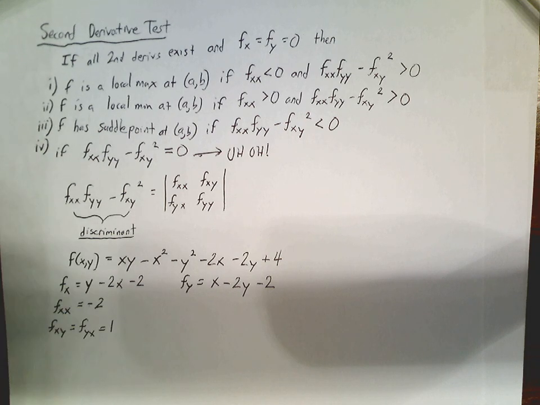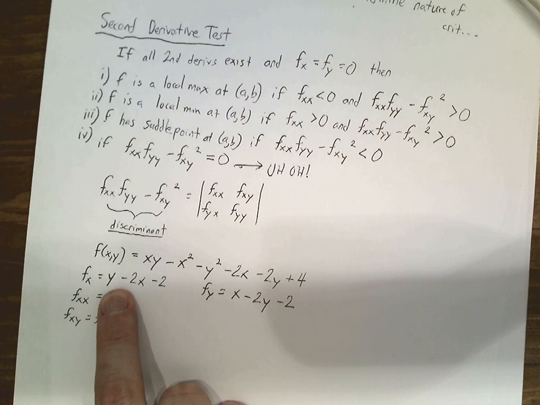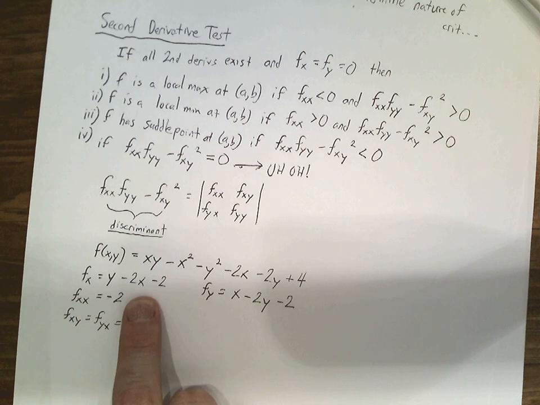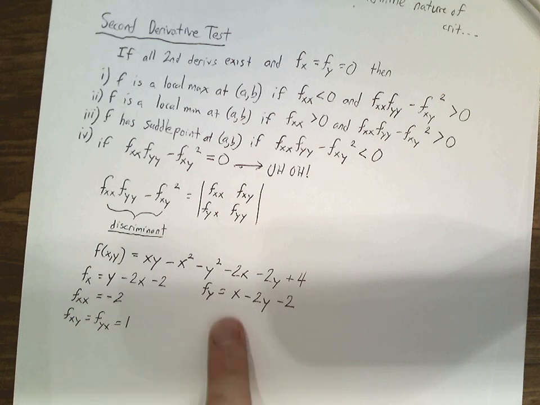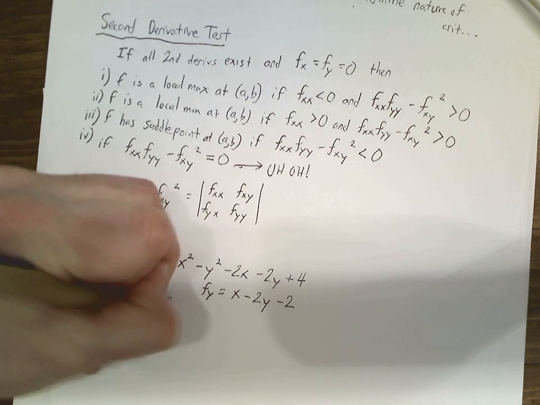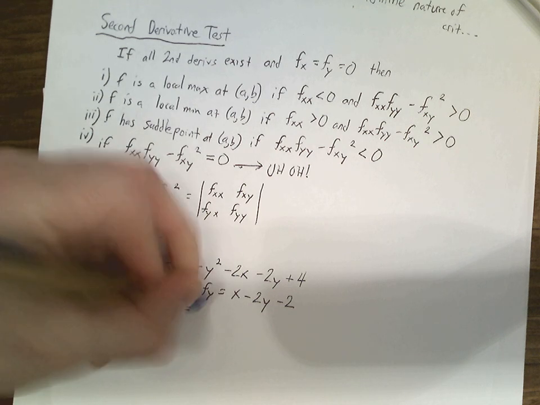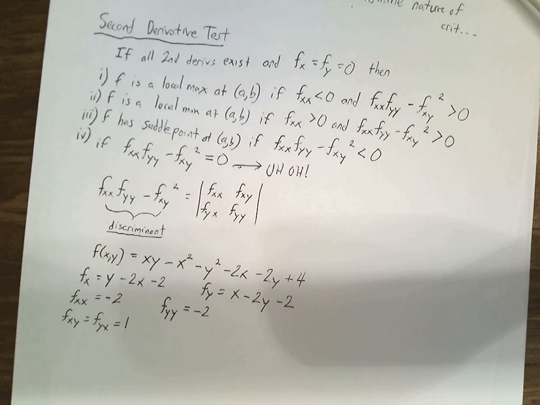That's just going to be equal to 1. See, I got a y here, so that's just going to be 1. Everything else is a constant with respect to y. Same thing over here. If I take the y derivative, then the partial with respect to x, everything except this x is constant, so we just get another 1. And then finally, fyy equals negative 2.